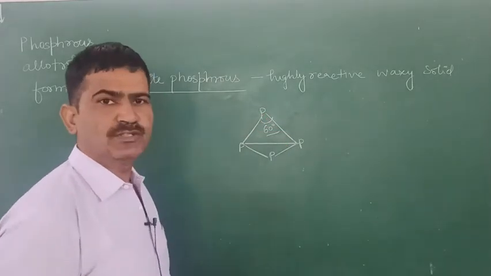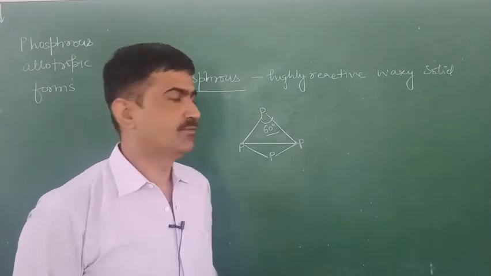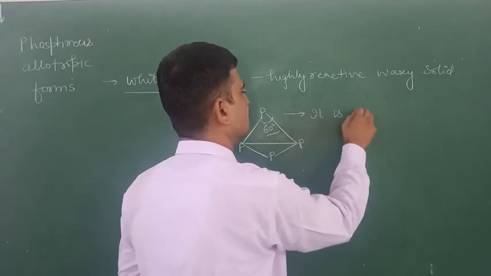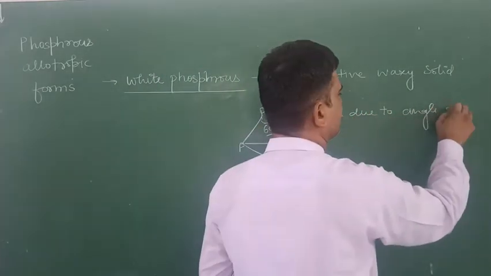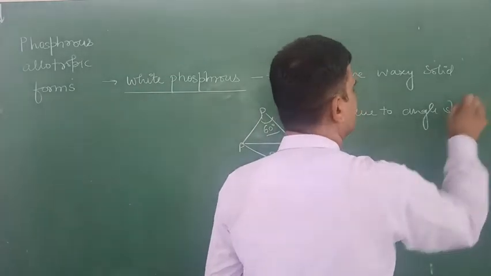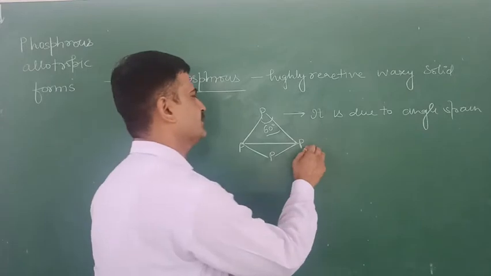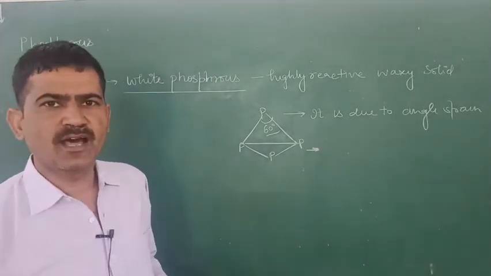Due to the presence of this angle strain, it is highly reactive. Due to angle strain, it is chemiluminescent. Chemiluminescence means that it shows brightness in the dark.